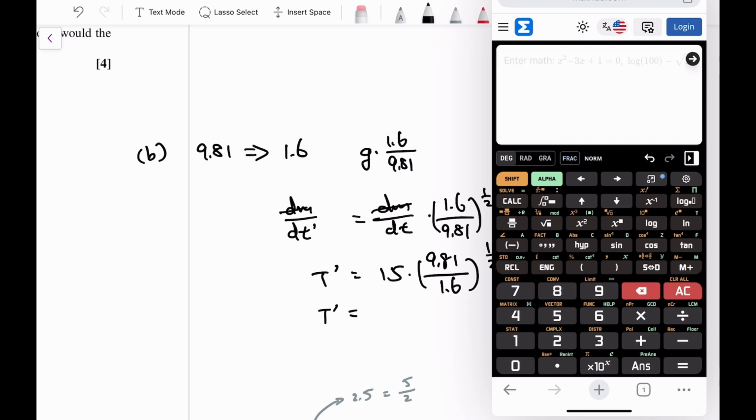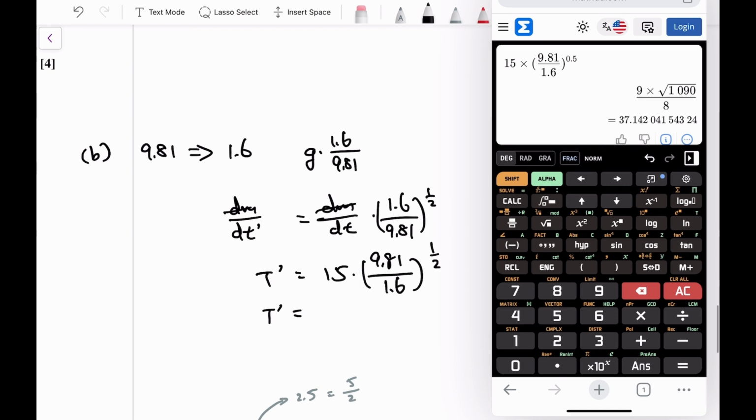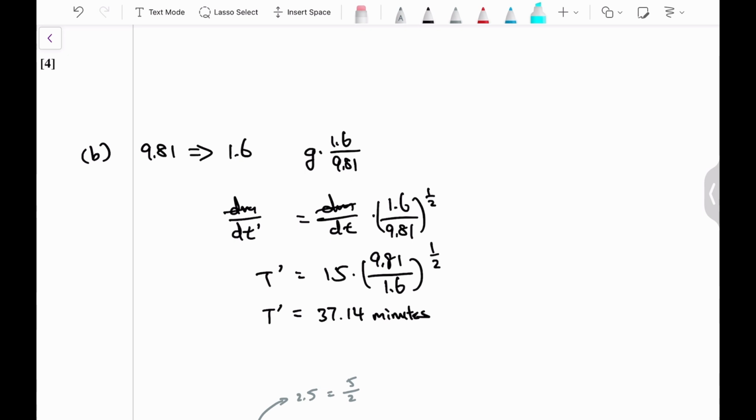So this will be equal to 15 times 9.81 over 1.6 to the power of a half, and that gives us, let's say, 37.14 minutes. And that will be the answer to the question.